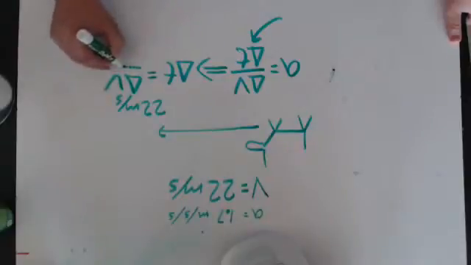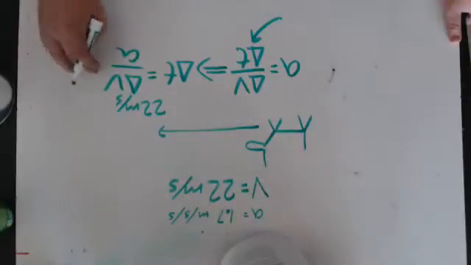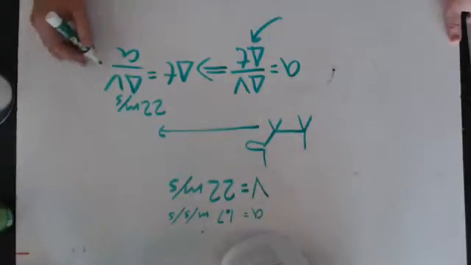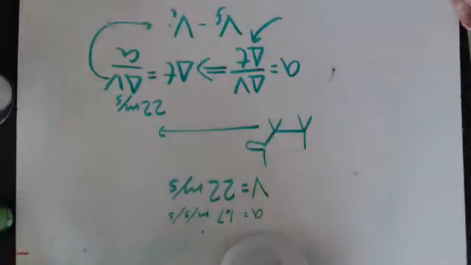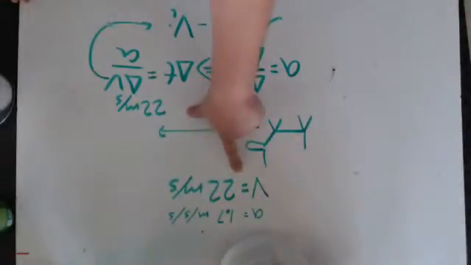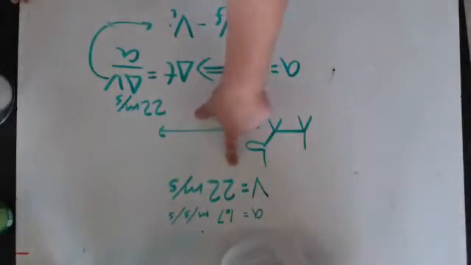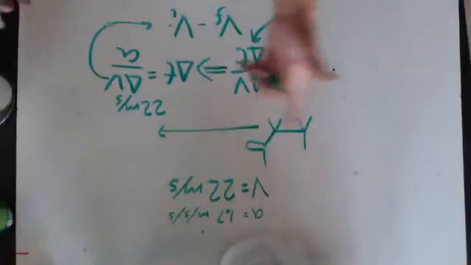v over a. Now, delta v is the change in velocity, and the way that's expressed is v final minus v initial. And I've got a problem here because I only have one velocity. I have to determine whether that's a final velocity or initial velocity, and I have to find the other velocity.